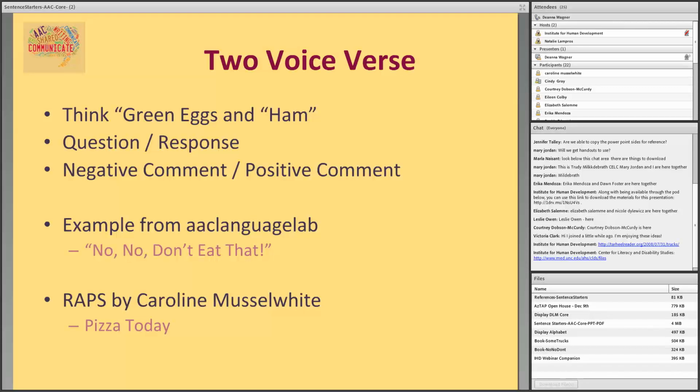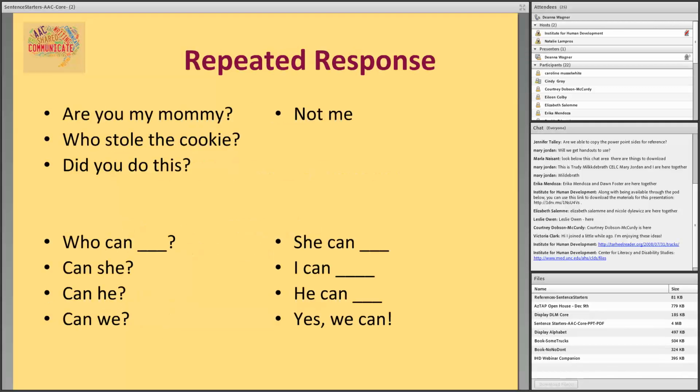So we have an opportunity to practice some of the vocabulary by category by saying the different foods, but the questions can be positive. The positive and negative comments can allow us to get a chance to practice some of our core words. We could replace it with things like, I like that and I don't like that, for example.